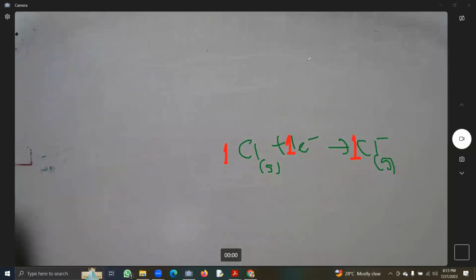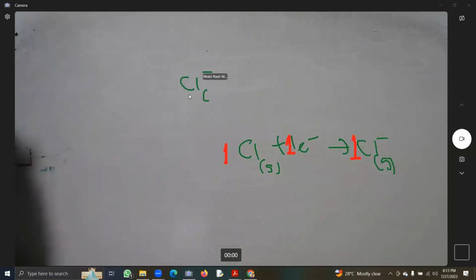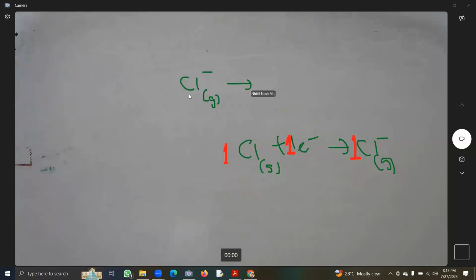So if it is a second electron affinity, again you can write the second electron affinity equation. Do you remember that at A-level we did first ionization, second ionization? Similarly, it will go. So write the second electron affinity equation here: minus gas gains 1 mole of electron to form the 2 minus ion.